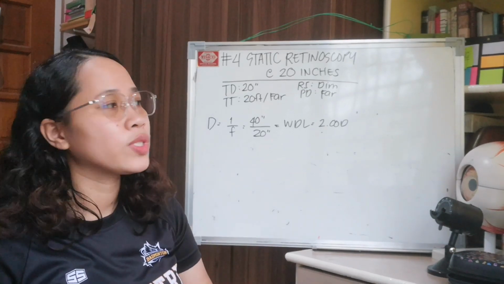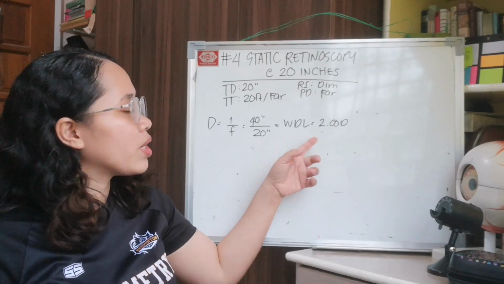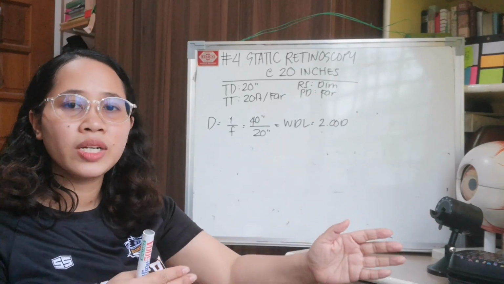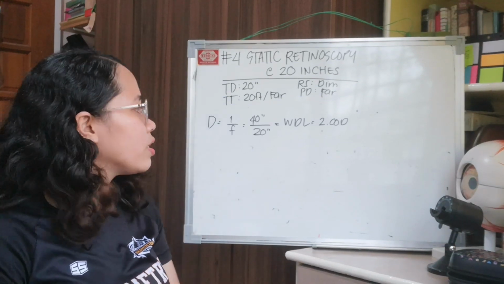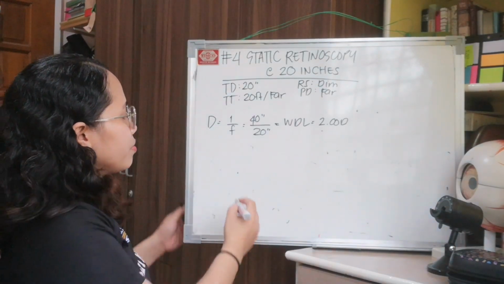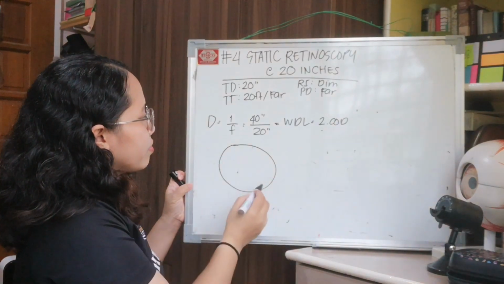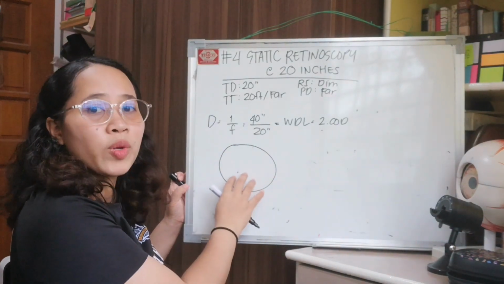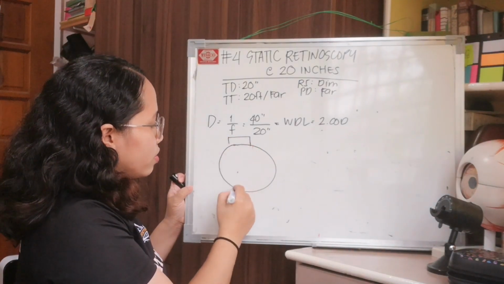So we usually use the 20 inches, but if you have a shorter arm, you can use 16 inches. Now the position of the streak. Imagine this is the pupil, this is the streak.